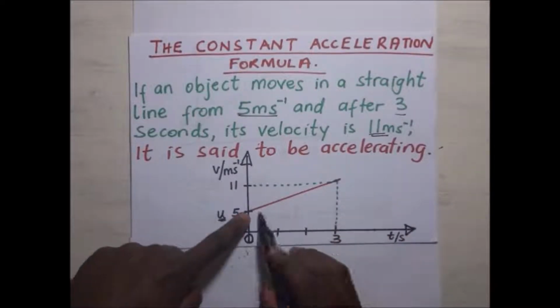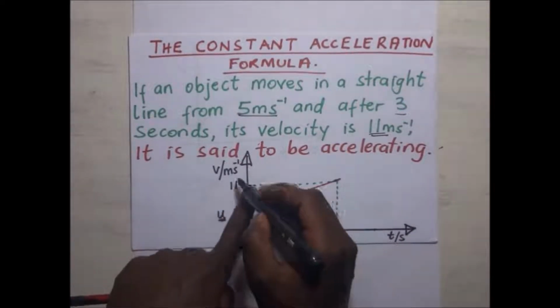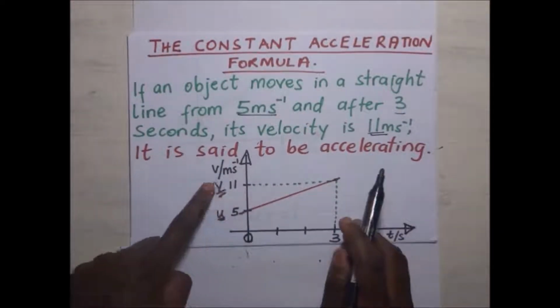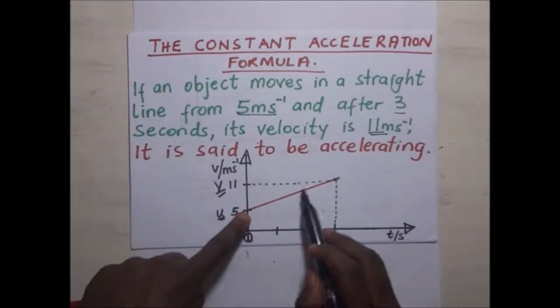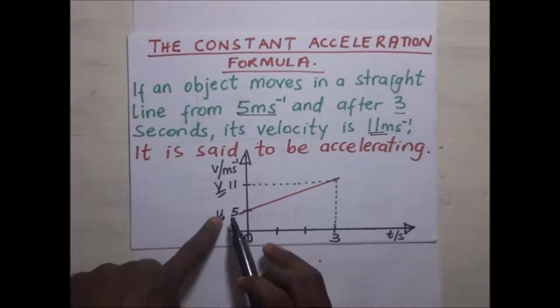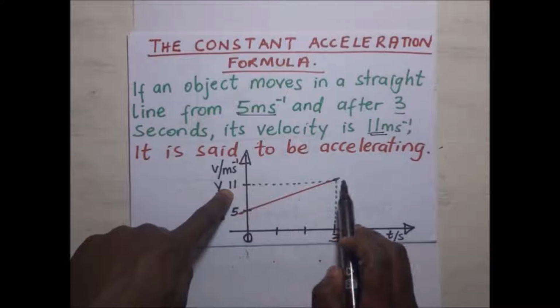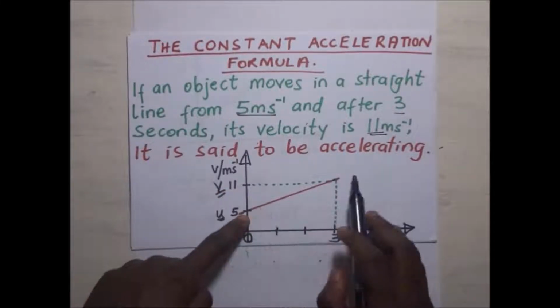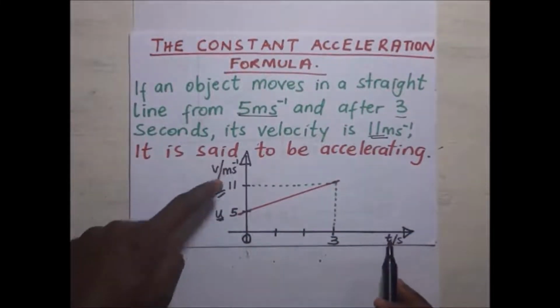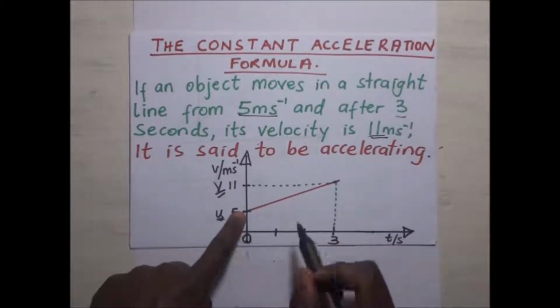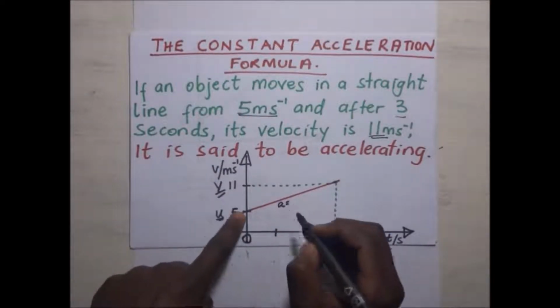So it means that its final velocity here, which is V, is going to be 11 meters per second. Then it means that the object was accelerating. It accelerated from an initial velocity of 5 meters per second to a final velocity of 11. And it means that when we draw this graph of velocity against time, the velocity time graph, the gradient of this graph represents the acceleration.